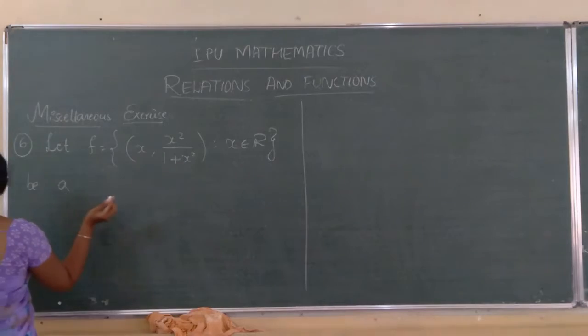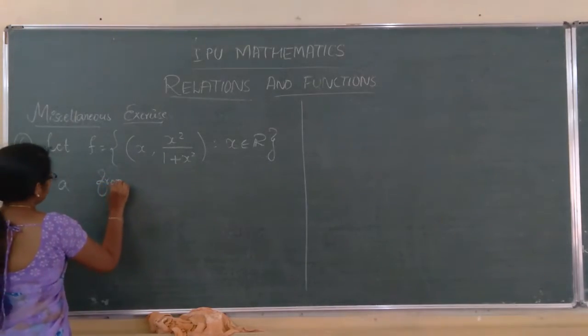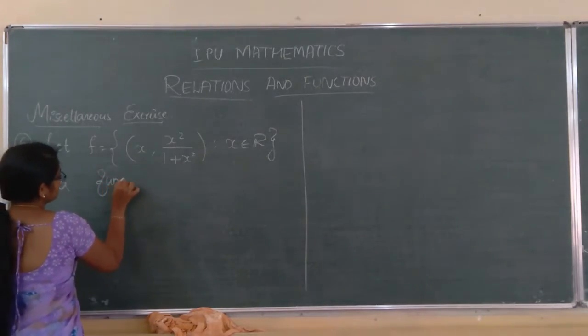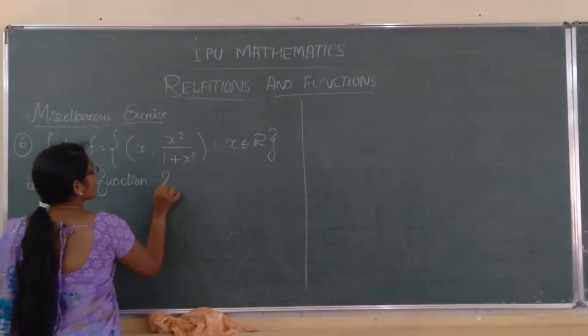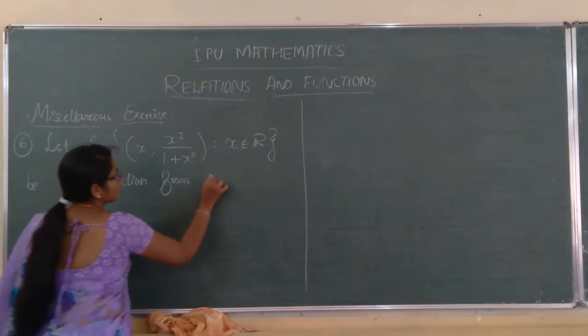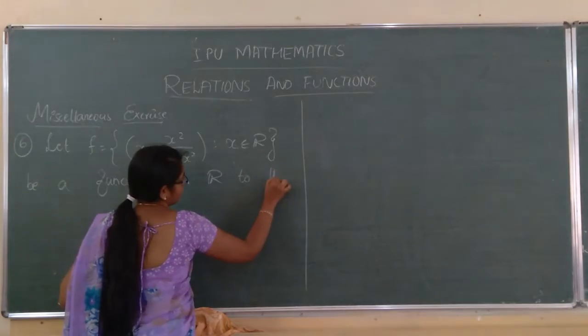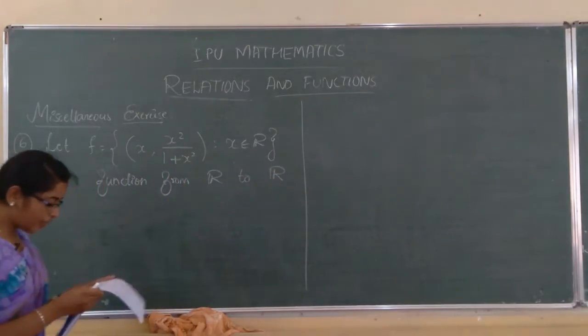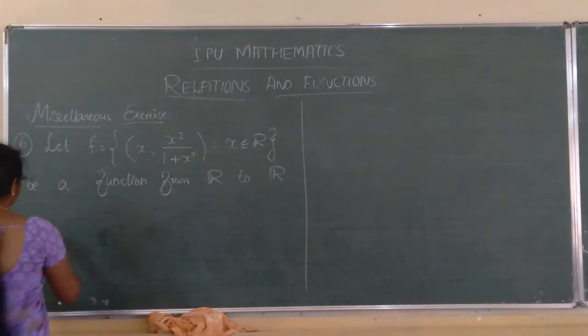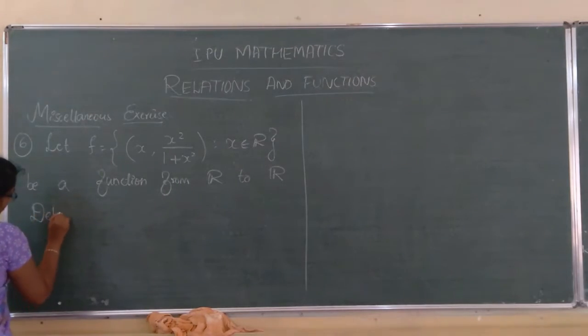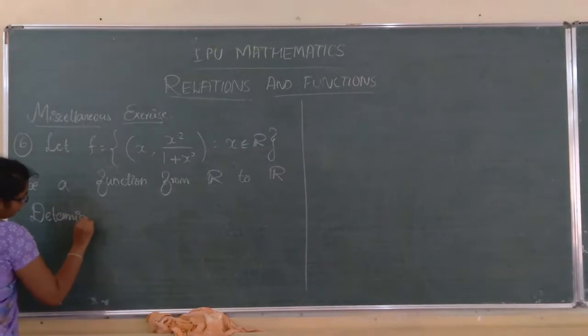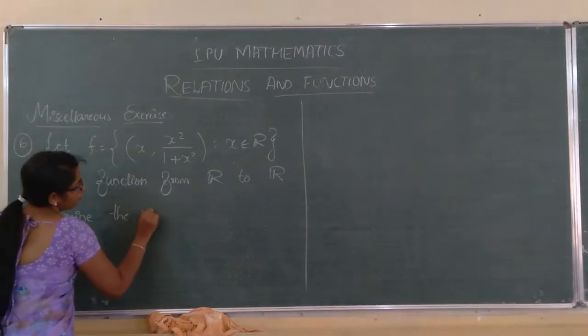Let this be a function from R to R. This is the function from R to R. Determine the range of f. We need to determine the range of f.